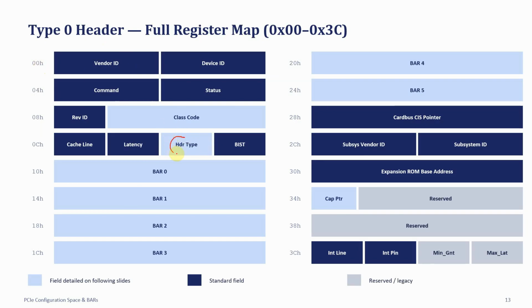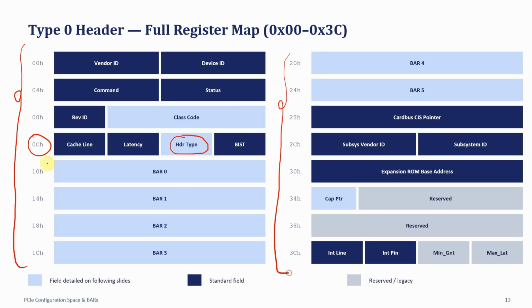You can see at offset address C, this is my entire configuration space, and inside it, at offset address C, I'm going to have this particular field known as header type. This is going to decide what kind of header it is.